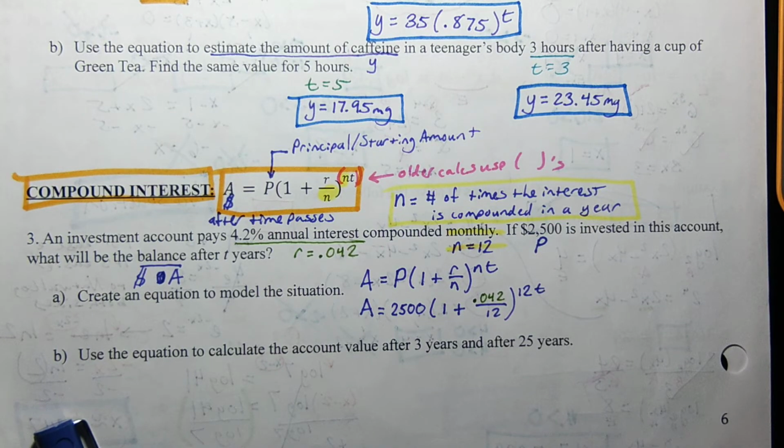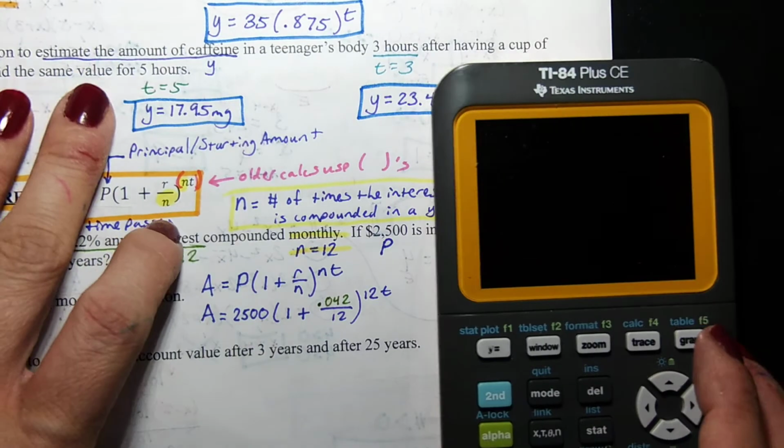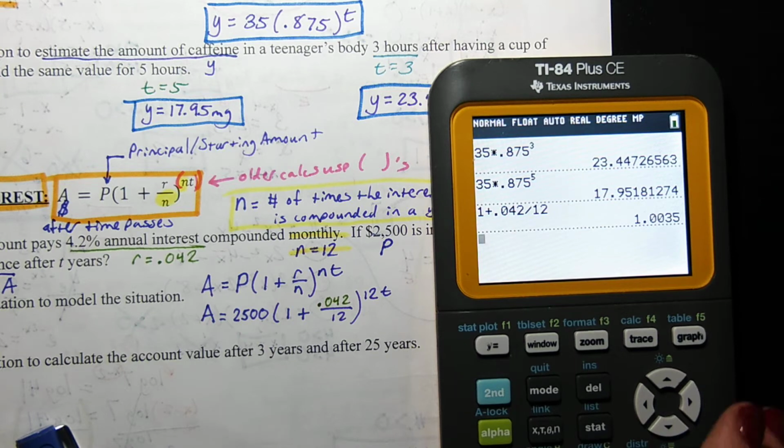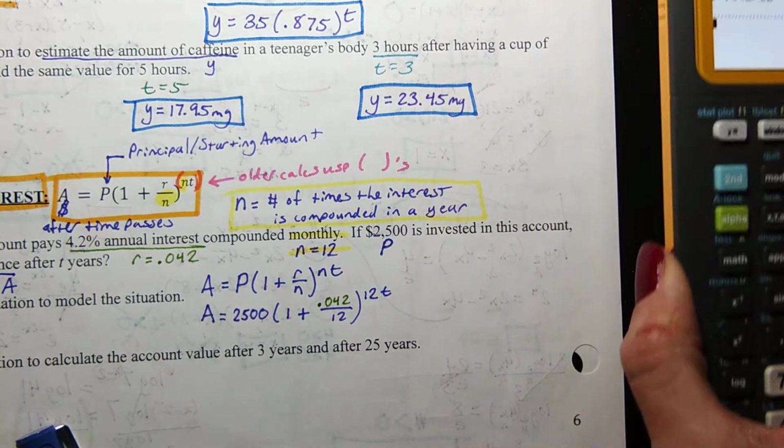And gross. Now, similar to above, we are going to simplify what's inside the parentheses. And if you're like, I don't think it's going to be very friendly, Mrs. Carl, let's just see how unfriendly it is. So 1 plus 0.042 divided by 12. Not too horrible, 1.0035.